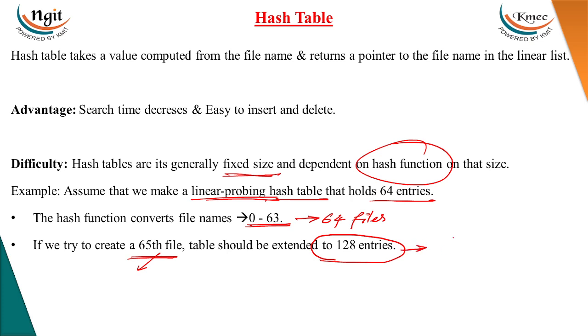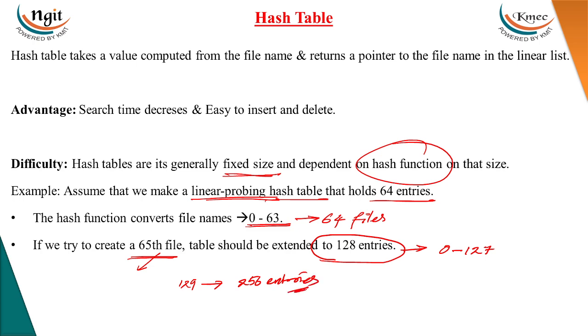The new hash function will map the file names to 0 to 127, and it must recompute the existing directory entries to reflect their new hash values. After this, if you want to create the 129th file, the hash function will again be extended to 256 entries.